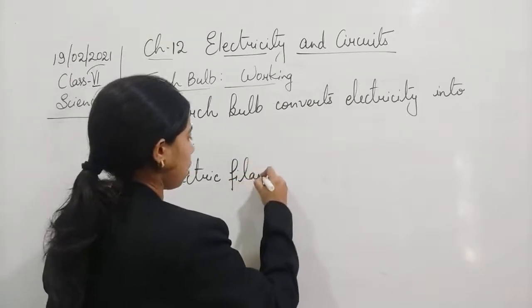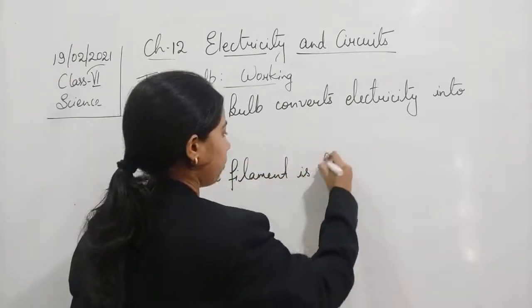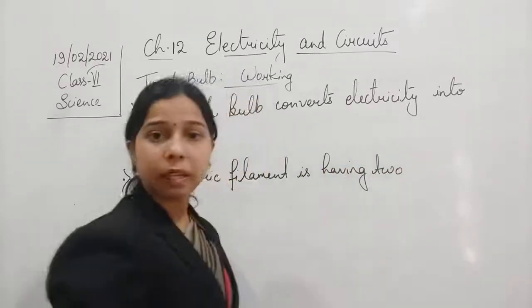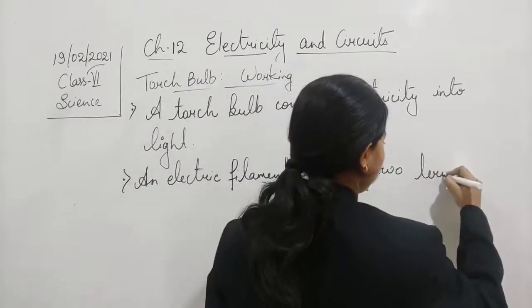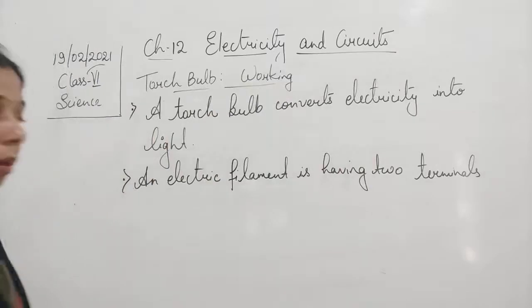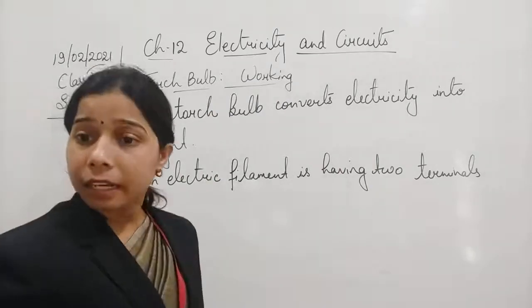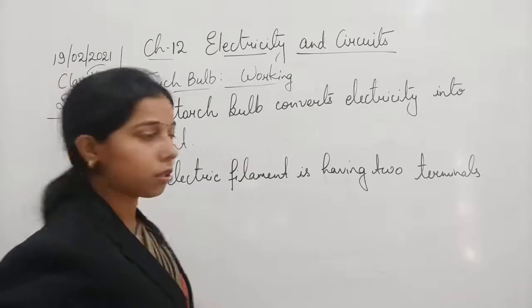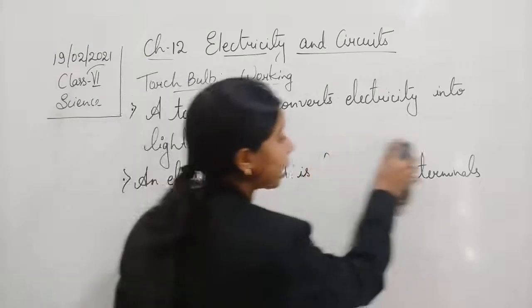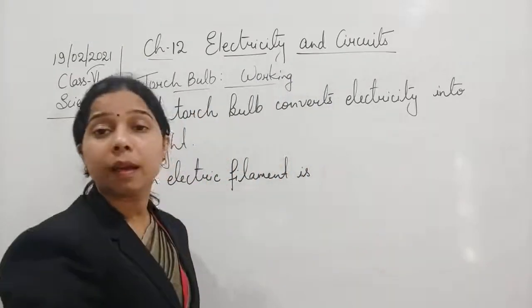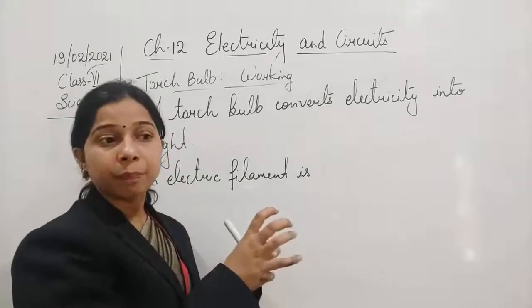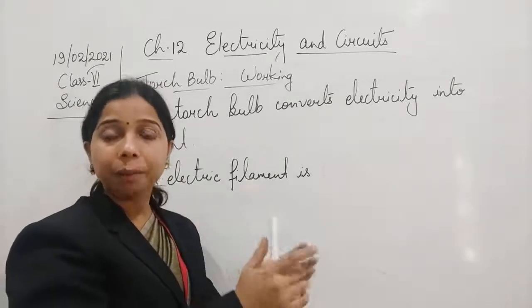The electric filament is connected to the two terminals of the cell. This is a kind of connection between the bulb and the outer circuit.